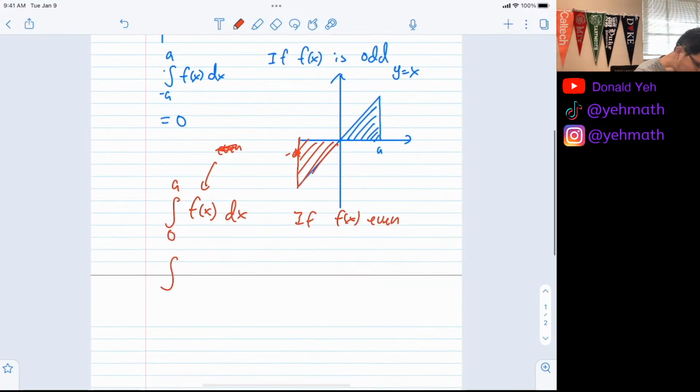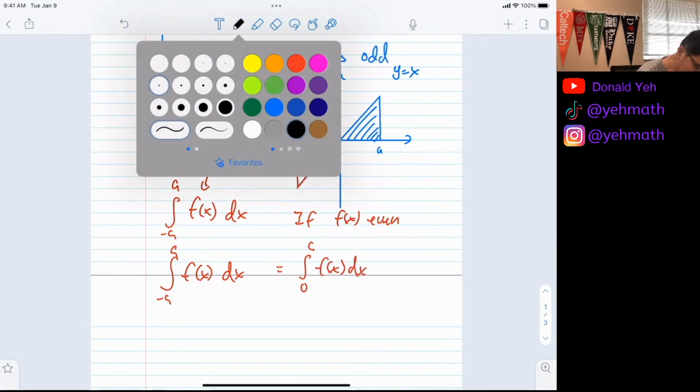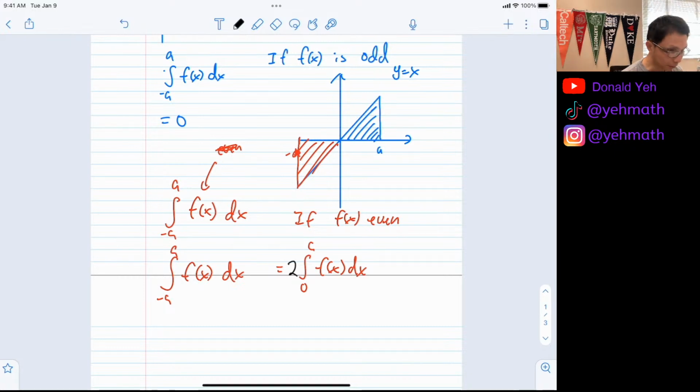Well, the integral between 0 to a of f of x dx is equal to, well, hold on a second. Negative a to a. My bad, this one's negative a to a. It is equal to the integral from 0 to a of f of x dx, and it's going to be 2 times that.